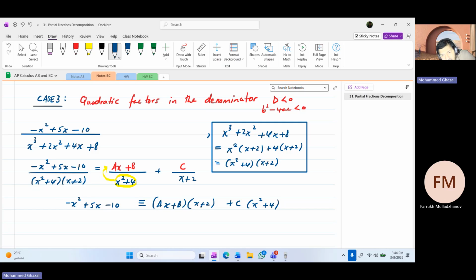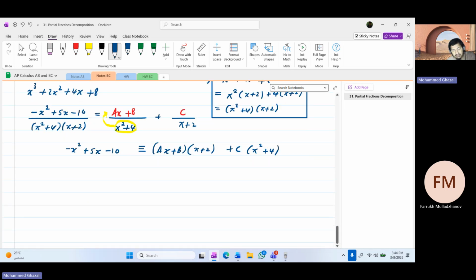Now, if x is equal to negative 2, a and b fall out. You can see that. You can solve it in any order you like. Negative 2 squared is 4, so negative 4.